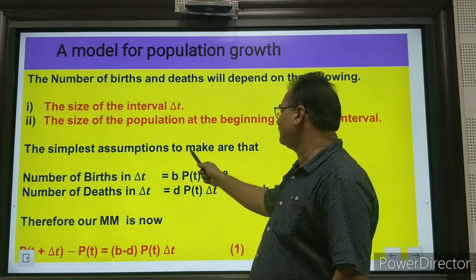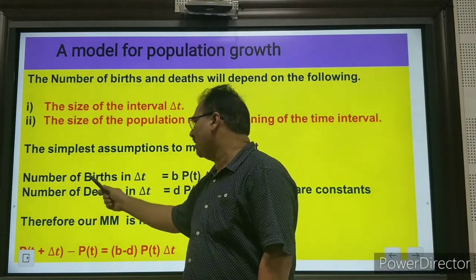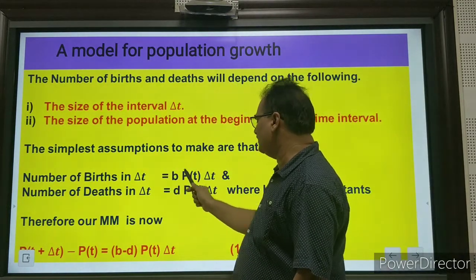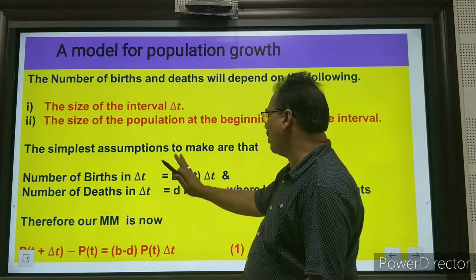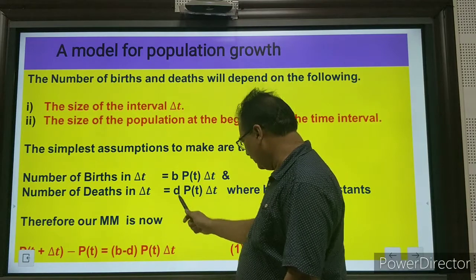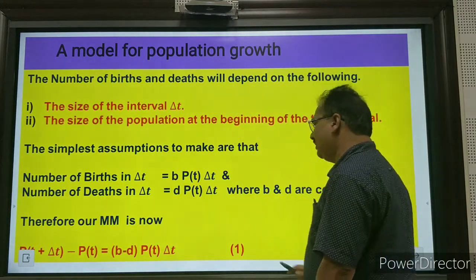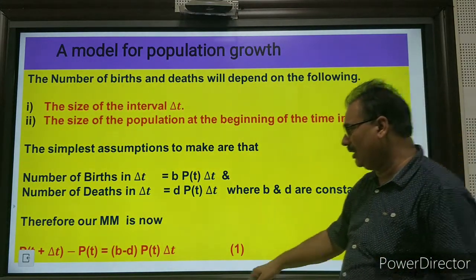The simplest assumption to make is that the number of births in delta t is b times P(t) delta t. What is b? b is the birth rate constant, and the number of deaths is d P(t) delta t, where b and d are constants. Then what will the mathematical modeling be?